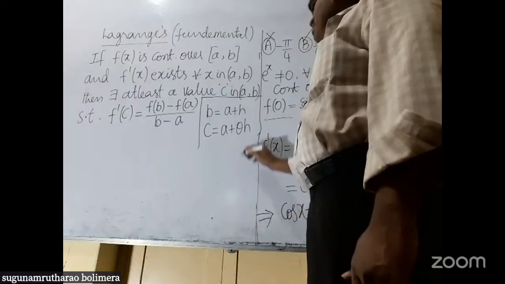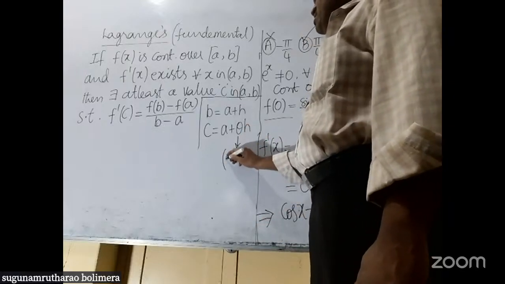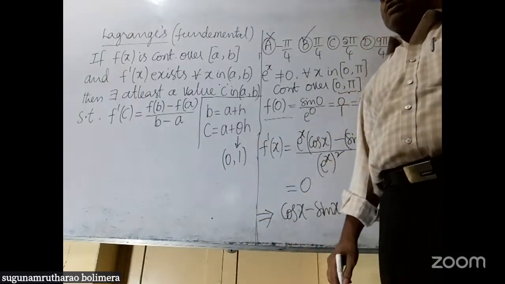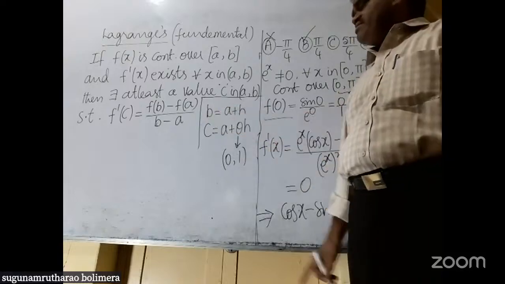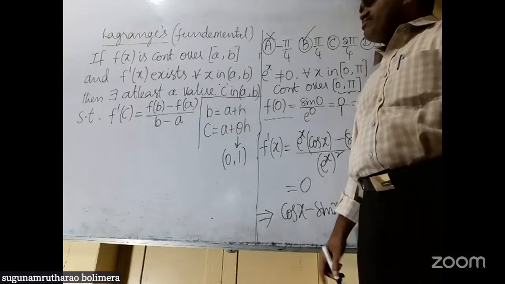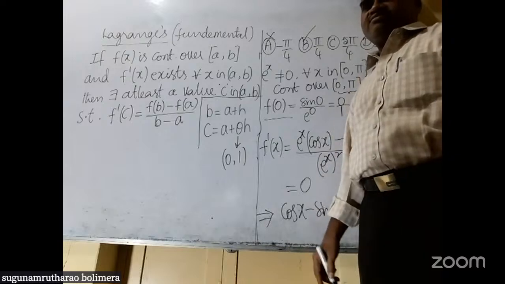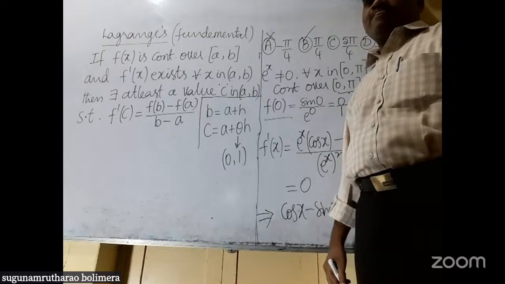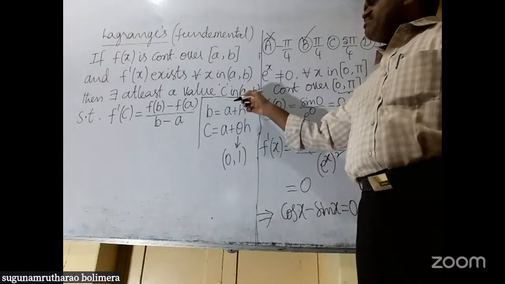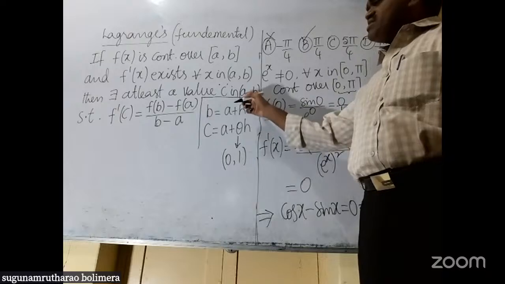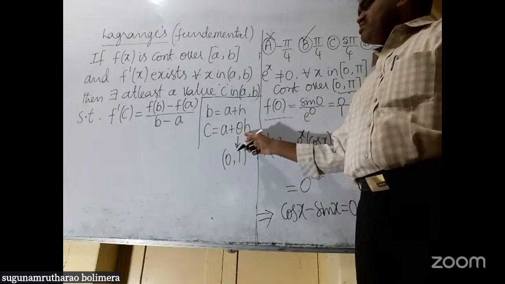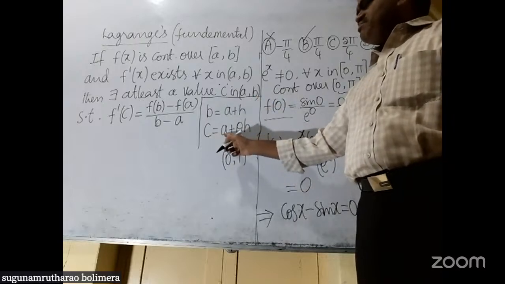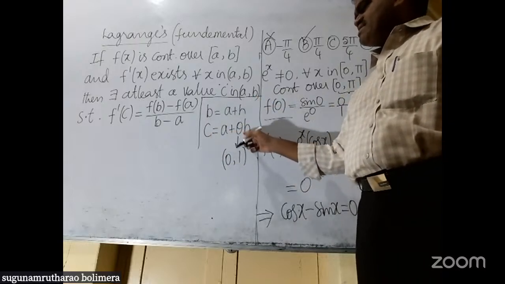Now, theta will be lying in between 0 and 1. I'm saying c is lying in between a and b. If c is equal to a, theta will be 0. If c equals b, b minus a will be h, h gets cancelled, theta will be 1.